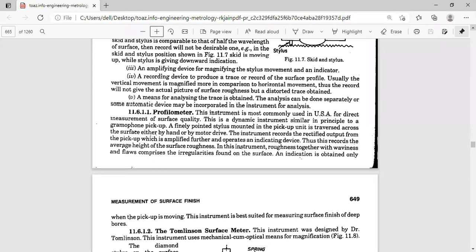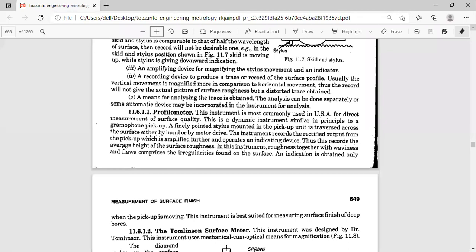Just like the digital world, because we are going for more precision measurements. Because the instruments we are specifying are mostly used throughout the world, and the profilometer is mostly common.